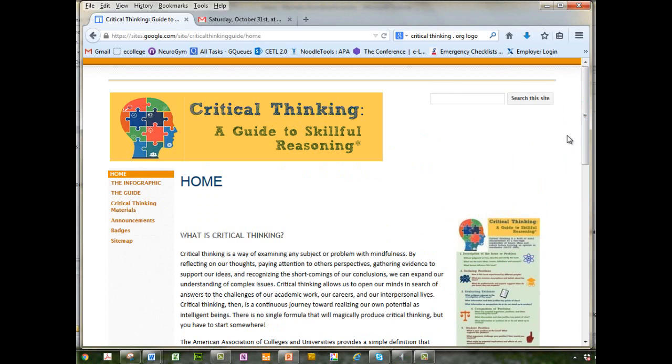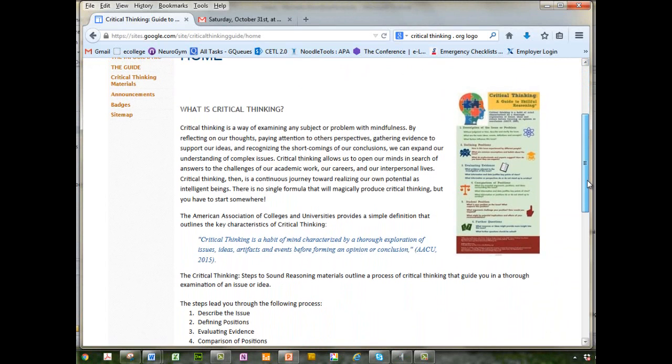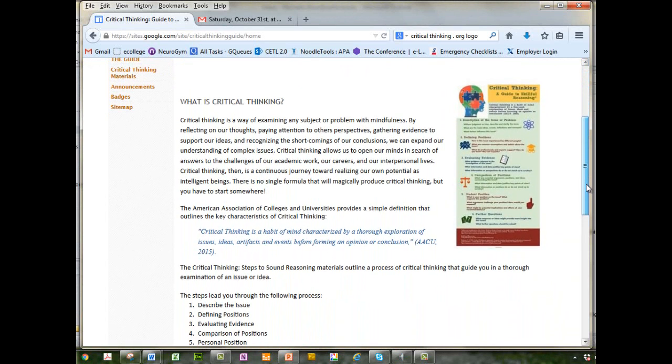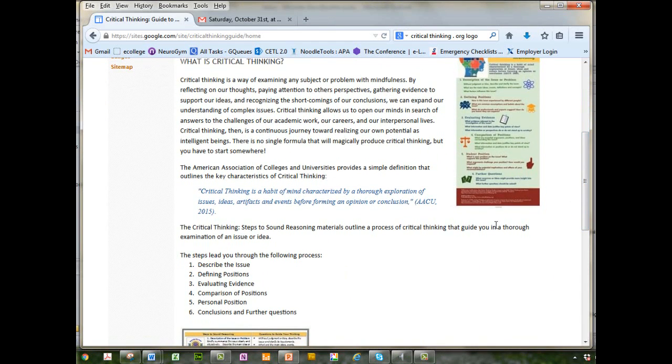So at this point, I'd like to take you to the critical thinking website that we developed that houses our model and materials. On the home page, it provides an overview of critical thinking, and introduces the topic and the ideas around it. And we've got that definition that we were looking for in the beginning of this presentation.